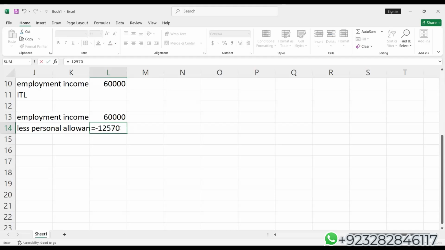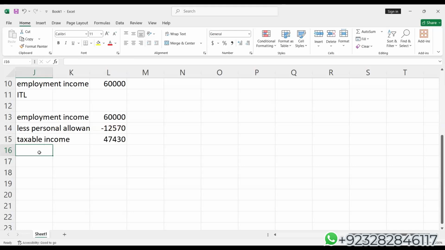I hope everyone can see this spreadsheet, Excel. Yes or no? Quickly reply, please. Okay, you can see that. That's great. Thank you. So from this employment income, I'll deduct personal allowance. That will give us taxable income: 60,000 minus this.